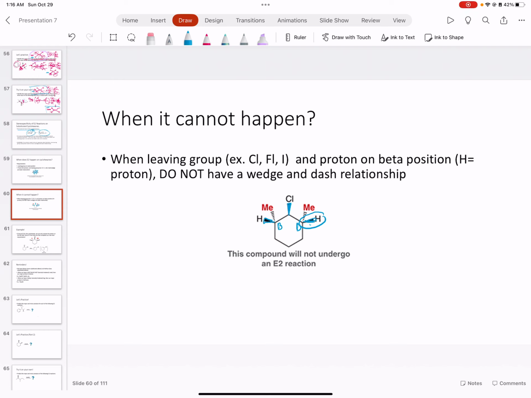Okay, let's see. So this one is an alpha. Here I have a beta. Then here I have a beta. Here I have hydrogen, hydrogen, hydrogen.